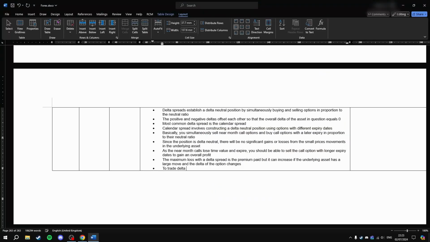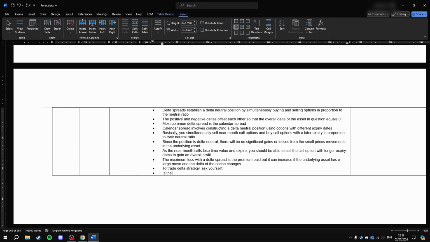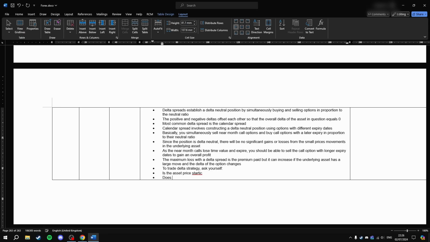To trade a delta strategy, ask yourself, is the asset price static? I still spelled it wrong. Okay, static.